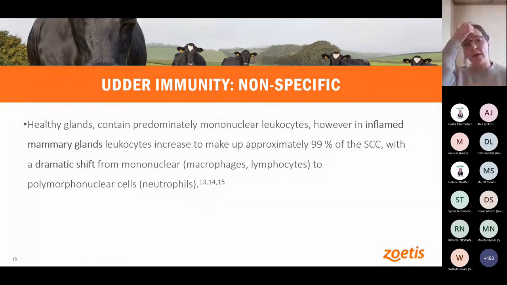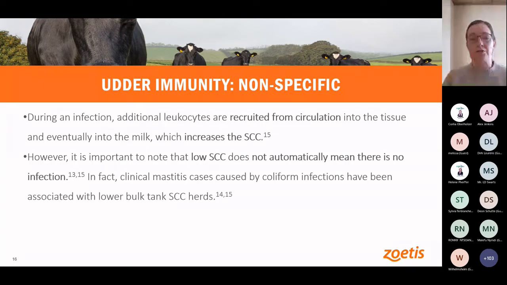However, as soon as that udder is infected, there's a shift in the leukocytes from mononuclear to polymorphonuclear, in other words, neutrophils. The reason for that is that these neutrophils come in and fight that infection, and they're a very important part of the inflammation and trying to get rid of that infection.